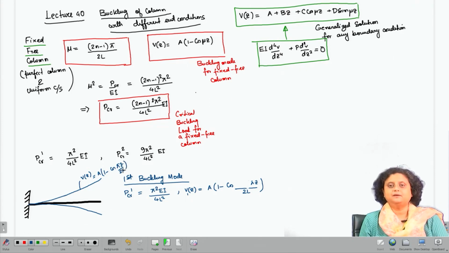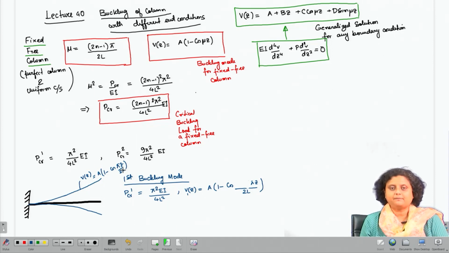This is similar to the pin case. For the pin case, our critical buckling load was pi square EI by L square, whereas here the critical buckling load has reduced further and it is pi square EI by 4L square.